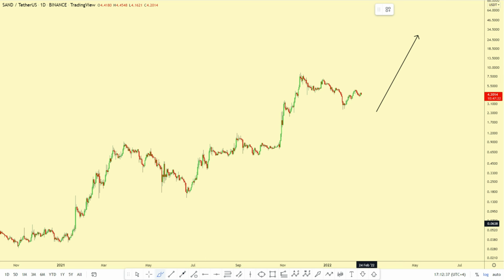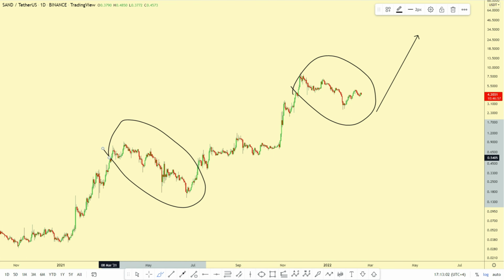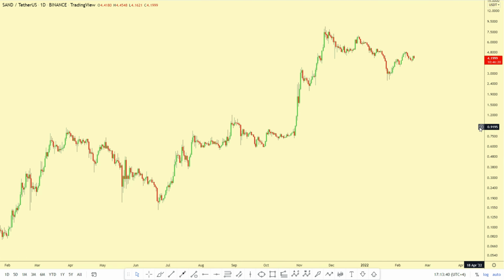Now the start of the 5th and the last wave of this structure could follow one of two scenarios. The first scenario is based on the assumption that the current correction which we have here is going to copy the exact same pattern that we had in the previous correction here. And let me explain to you how. If we take a look at the previous correction and break it down, we can see that it had 5 waves that were as follows.